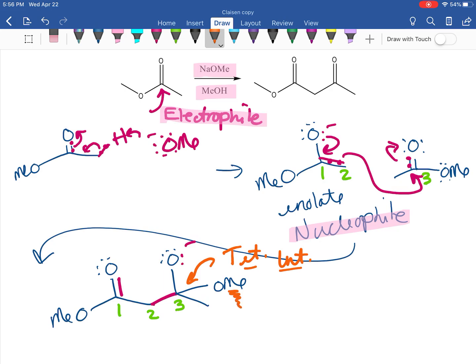Oh, I love it. All right, so what do we do every time we see a tetrahedral intermediate? We stop and we look for a leaving group. Well, in the case of an ester, you have a leaving group right there. So we're not done in this process. We're about to lose that leaving group.